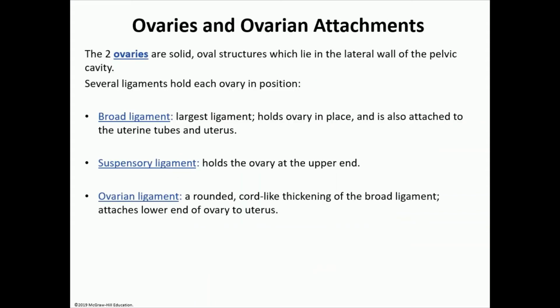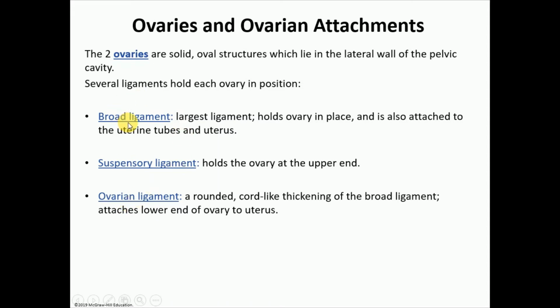The ovaries need some ligaments in order to attach them, because they are found on the sides of the pelvic cavity, and they need these ligaments to hold them in position. So the biggest of these ligaments are the broad ligament, the suspensory ligament, and the ovarian ligament.